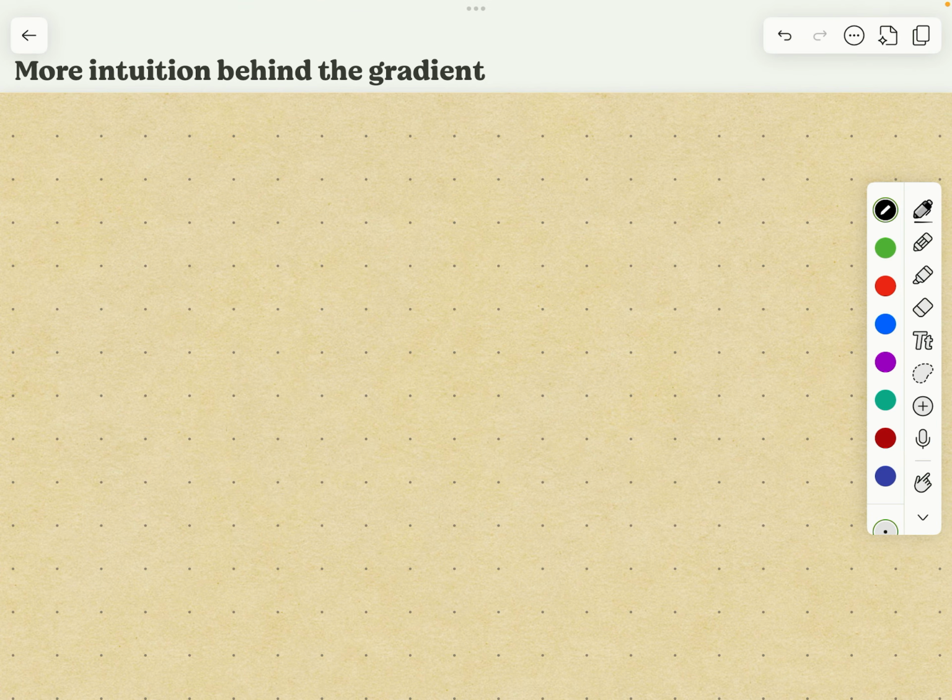In the previous video, we saw that the gradient points in the direction of steepest increase of a function.